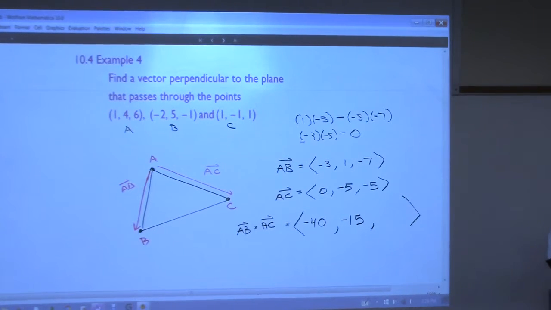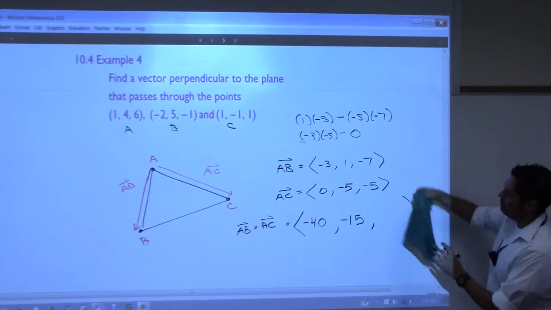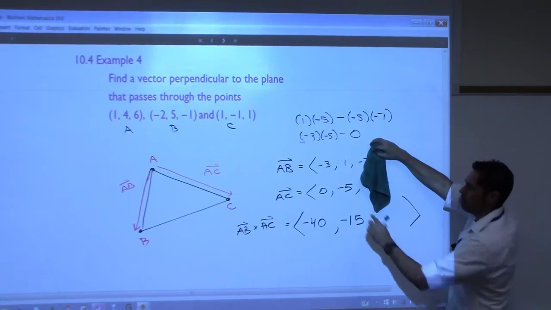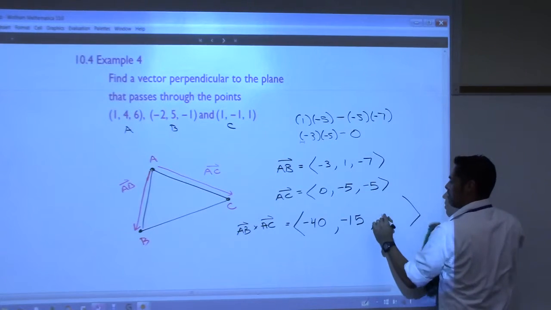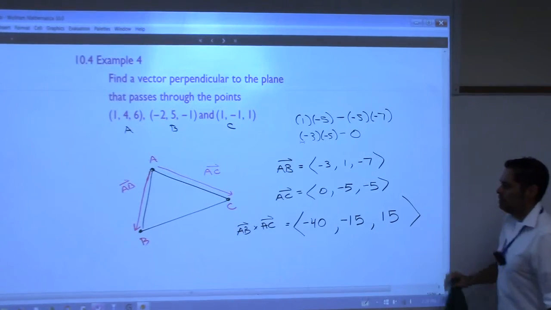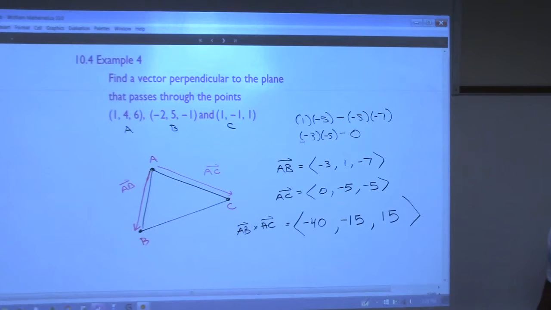And then finally, cover up this one. 15, take away 0, so just 15. There we go. That vector should be perpendicular to my plane. Any questions on that?